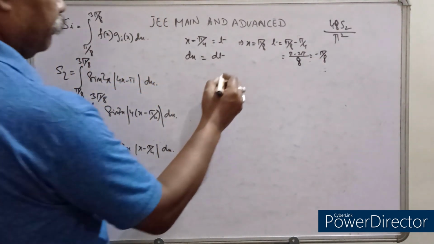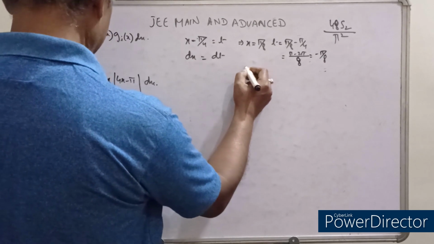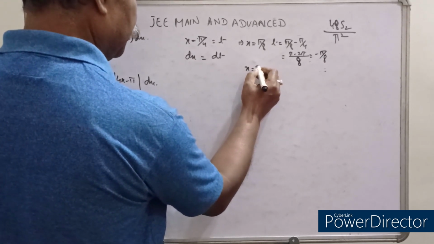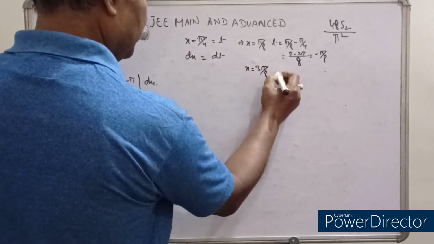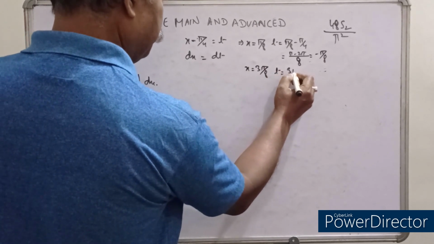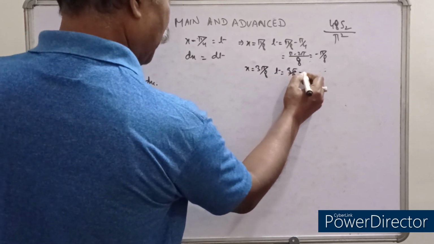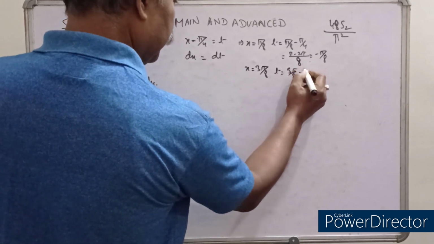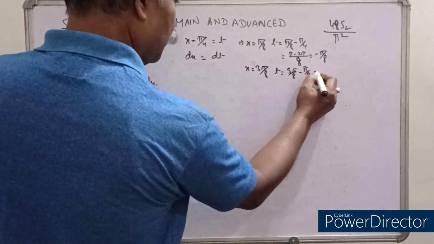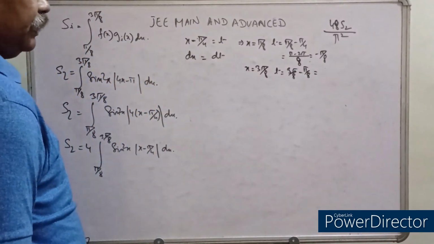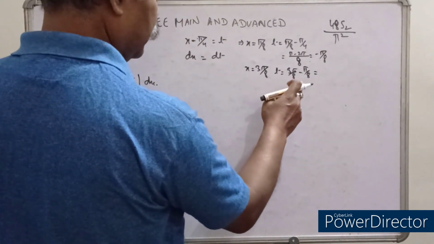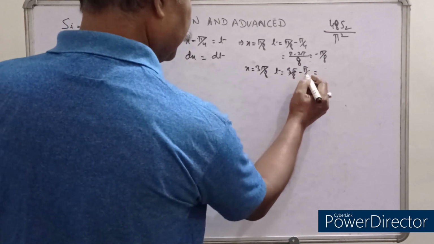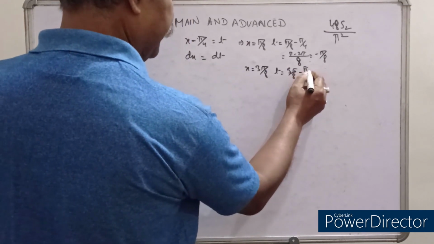Now again, when upper limit, that is when x is equal to 3 pi by 8, your t will be equal to 3 pi by 8 minus pi by 4. Your LCM will be 8.